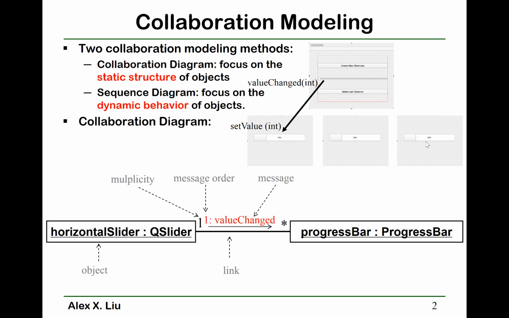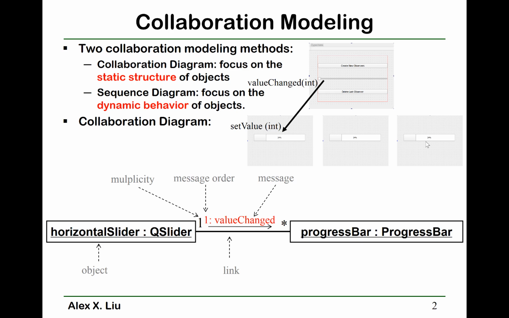Now we need to understand what modeling is. So what does modeling mean? Modeling means the process of ignoring the details in a system and extracting the essence of a system. A model means the result of the modeling.